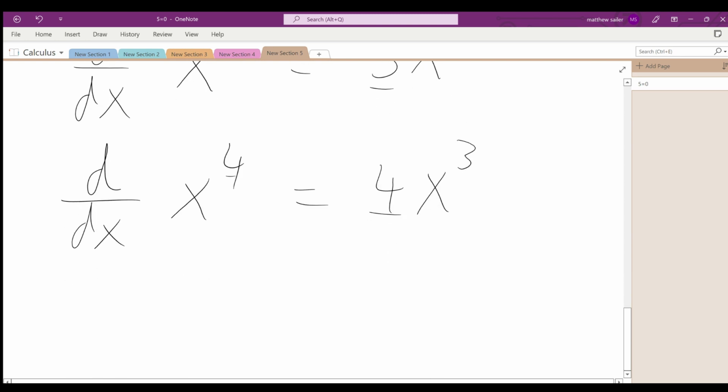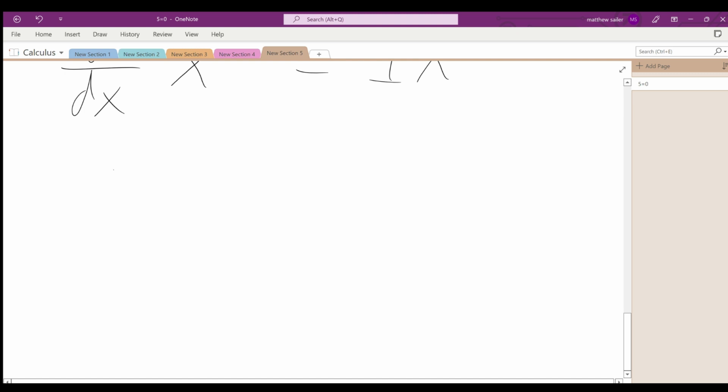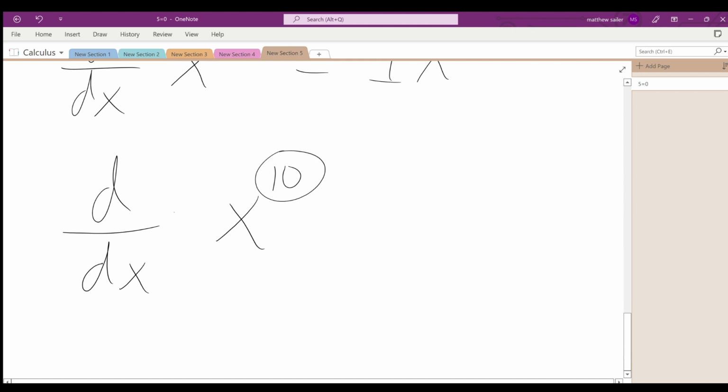So an easy way to remember this rule is no matter what you have in the power, so we'll do x to the 10, for example. To find the derivative, you take this 10, you bring it out front, and then you subtract 1 from the top. So in this case, the derivative of x to the 10th would be 10 times x to the 9th.